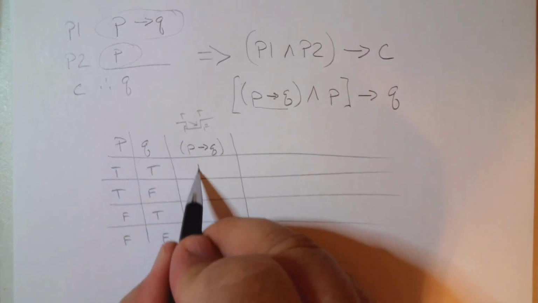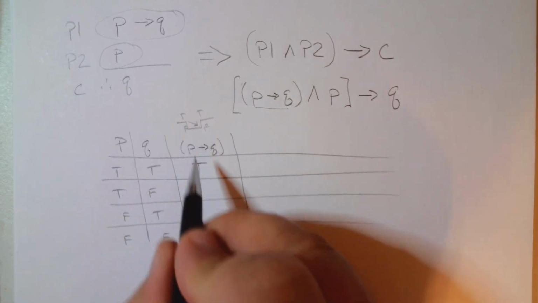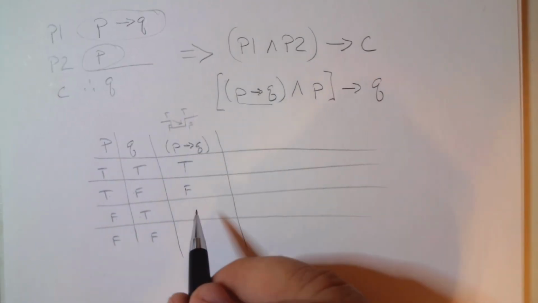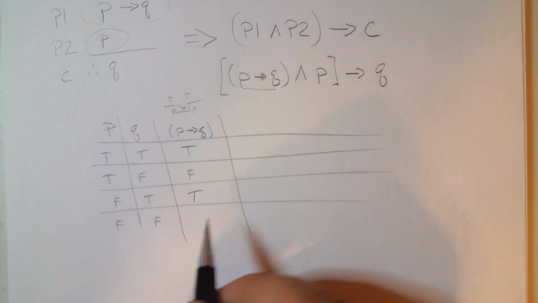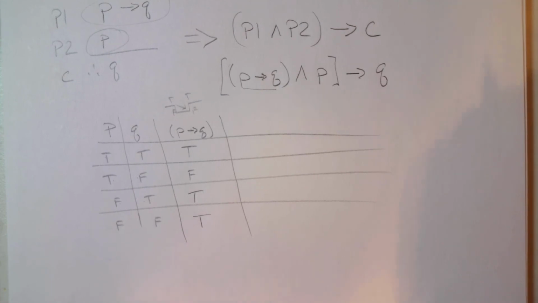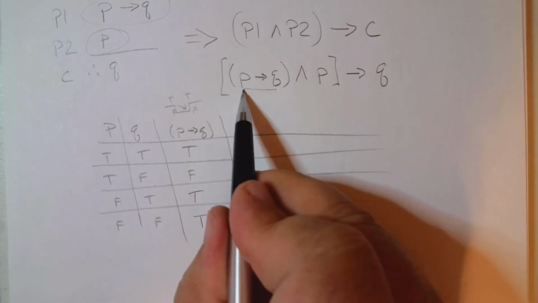So true, true is true. True, false, it's going down, so it's false. False, true, going up, so it's good. True. False, false, staying the same, so it's true. So that's the first part.